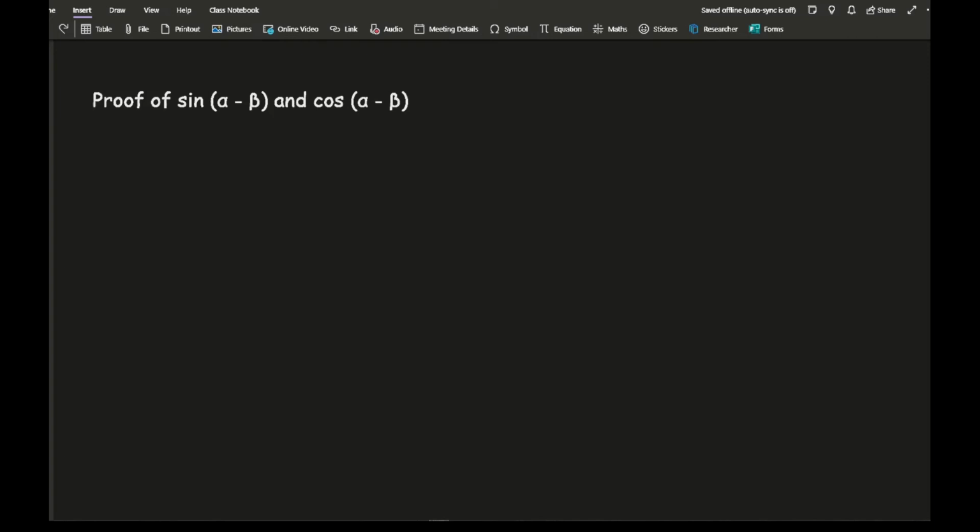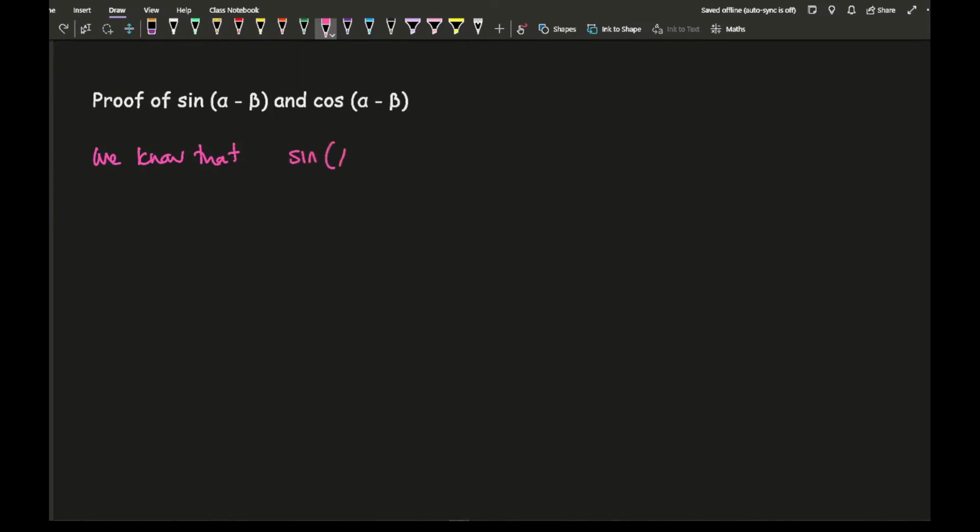We know that sine alpha plus beta is equal to sine alpha cos beta plus cos alpha sine beta. If we're looking at sine alpha take away beta, then that's basically sine of alpha plus minus beta.